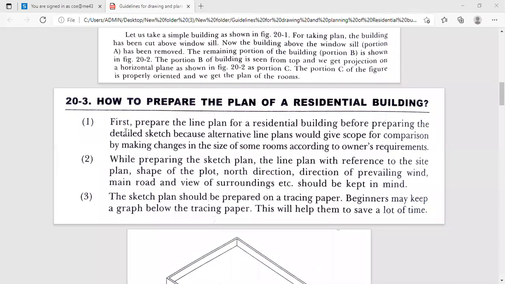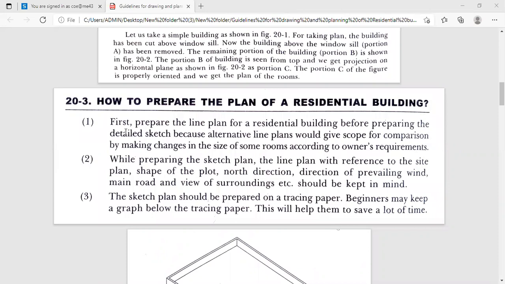Otherwise, every time by drawing a detailed sketch, if any alteration is there as per the owner's requirement, and sometimes from time to time the owner's requirements get changed. So before that we have to take due care about all the requirements.